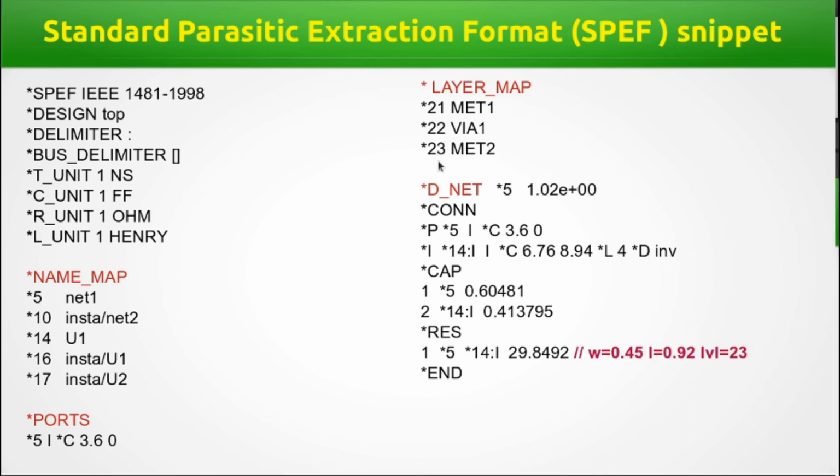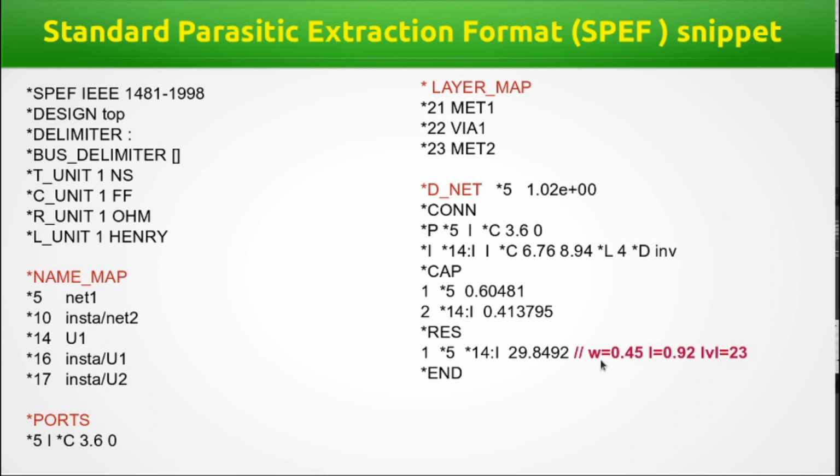Then for each particular net, there will be a dnet section. So if we see dnet here, number 5 is there, and this corresponds to net 1 from the name map. So the details of this net, including the parasitics, will be there. And in the resistor section, we'll see this red color tail comment.